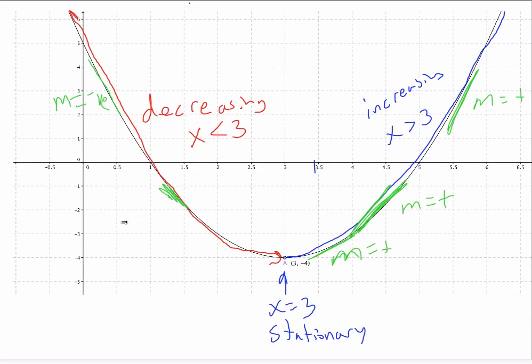Or here, slope is going to be negative. And here, at the stationary point, you have slope equals 0. So if you get the derivative and it's positive, you know that the function is increasing there. You get a negative derivative, it'll be decreasing, and if you get the derivative to be 0, then you have what we call a stationary point.